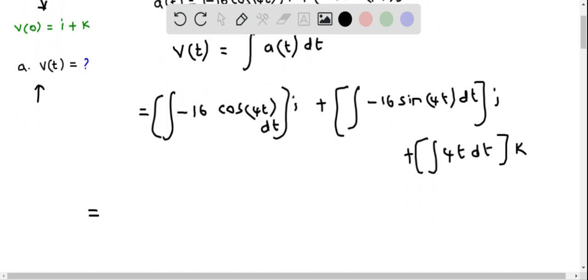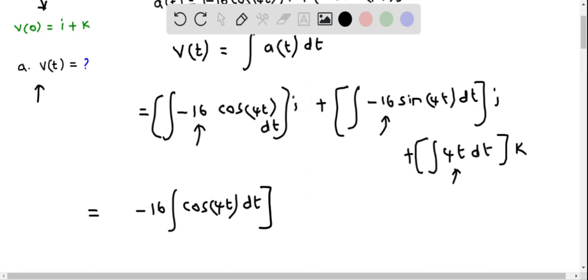In the next step, we can factor out the numbers, that is negative 16 over here as well as negative 16, as well as this 4, out of the integral, since these are constants. So we will rewrite this as negative 16 times the integral of cos of 4t dt.